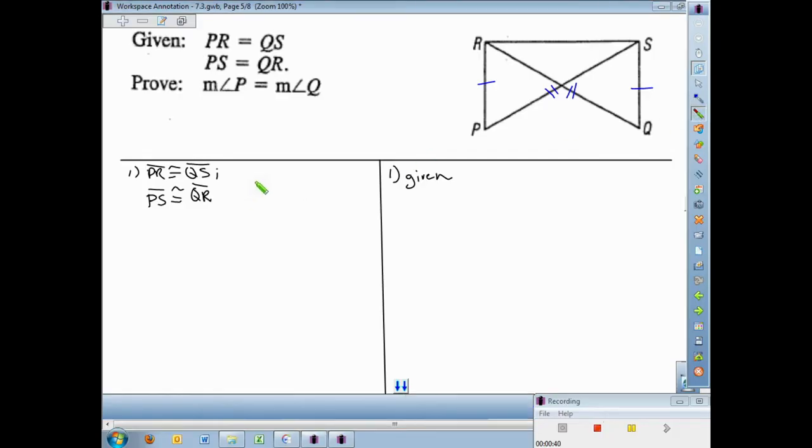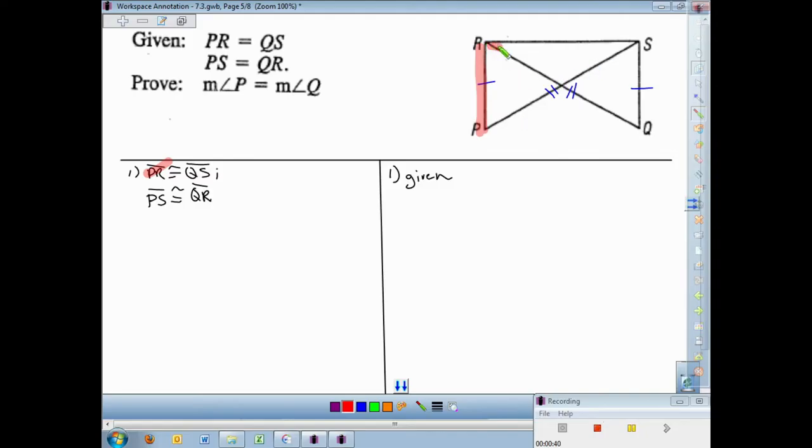The first thing they gave me was segment PR. So boom, segment PR, which is right here. I'll highlight that red. Then you want to find some other segment that's got a marking on it that's touching this one. Well, there are two of them, segment RQ and segment PS.